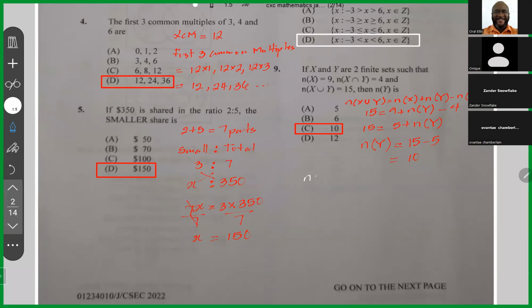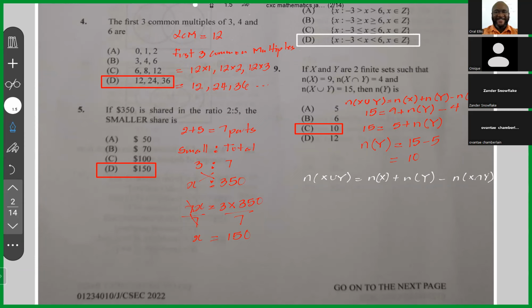The number of elements in X union Y is equal to the number of elements in X plus the number of elements in Y minus the number of elements in X intersect Y.